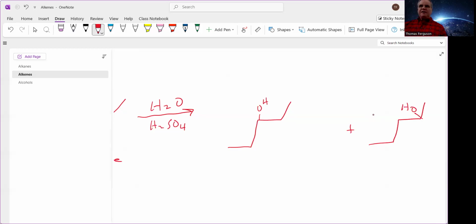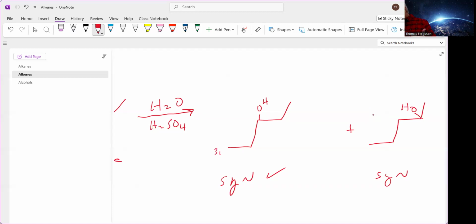Okay, so which is more stable, left or right? Let's look at symmetry. Which wins symmetry-wise? Left. Okay. What about Markovnikov?